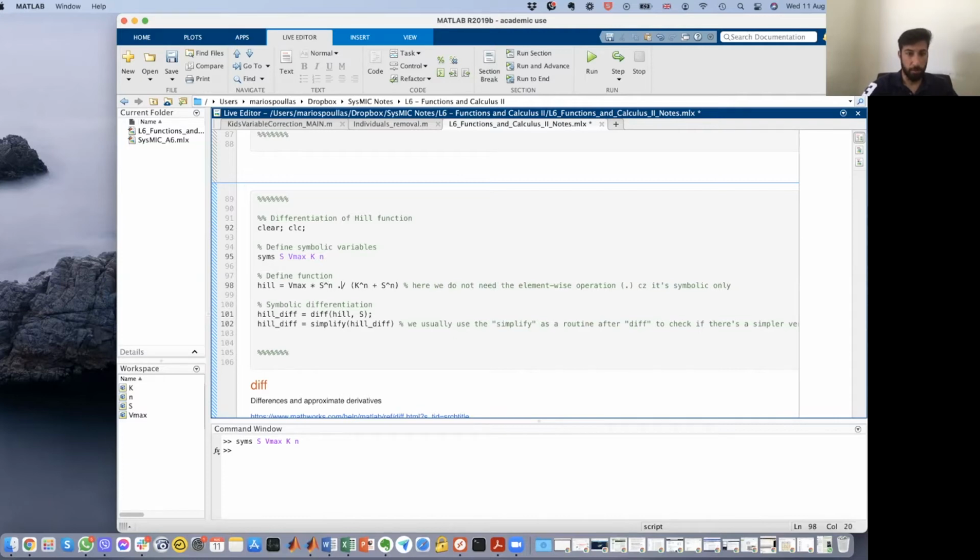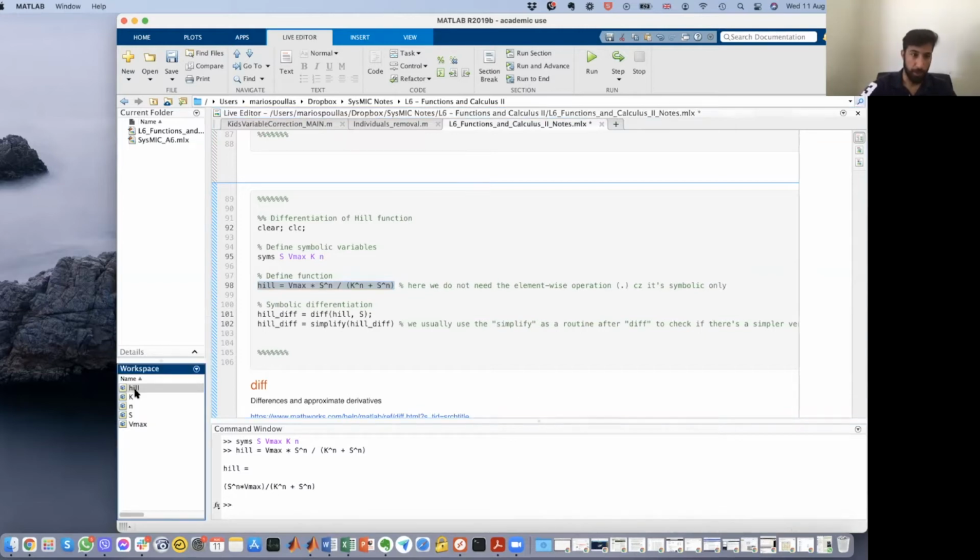However, this time we don't need the element-wise operation because it's a symbolic operation. We are only dealing with the symbolic at the moment, so there is no need to add the dot. Running this piece of code, we've got the equation saved in the variable named hill.